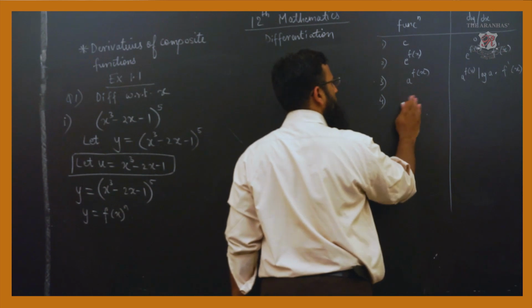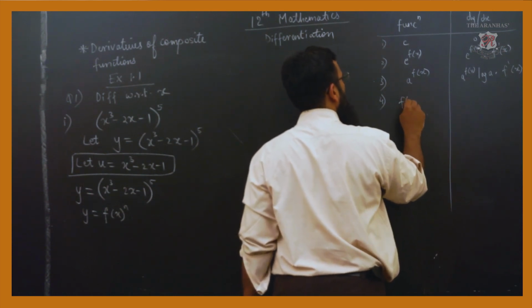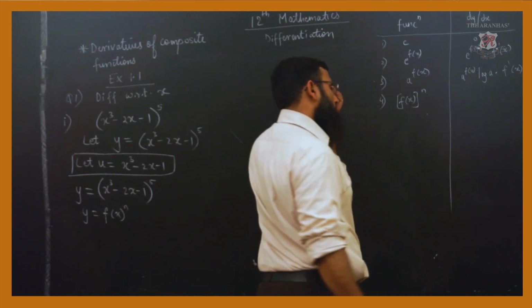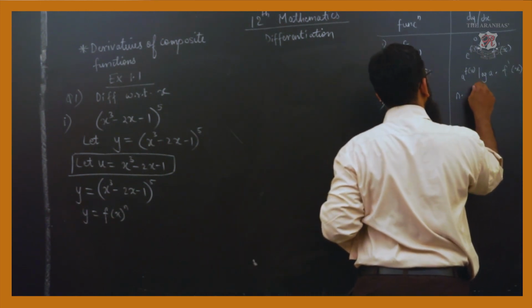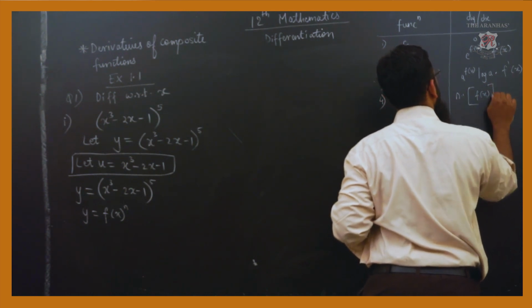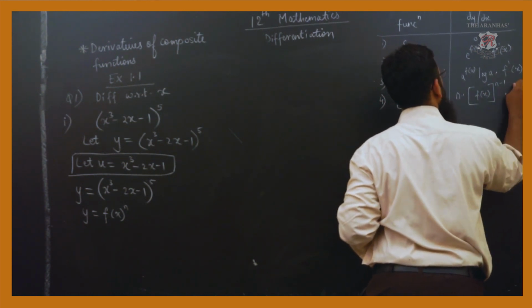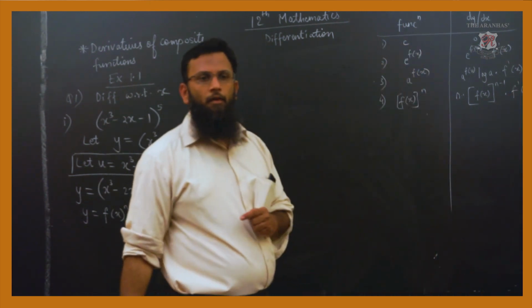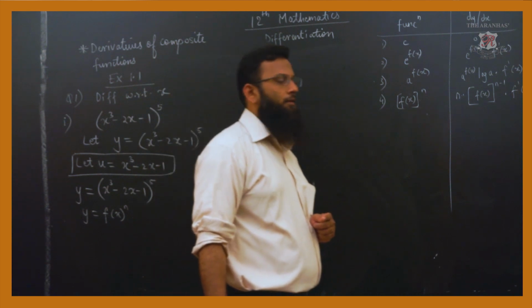Instead of x raised to n, today we write f(x) raised to n, so it will be n into f(x) raised to n minus 1 into f dash of x.